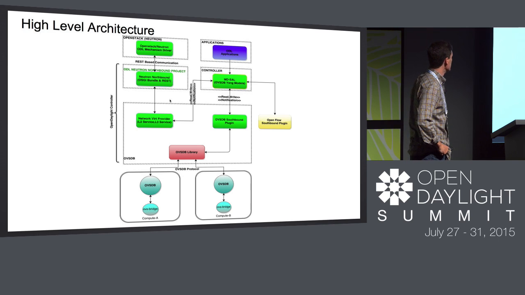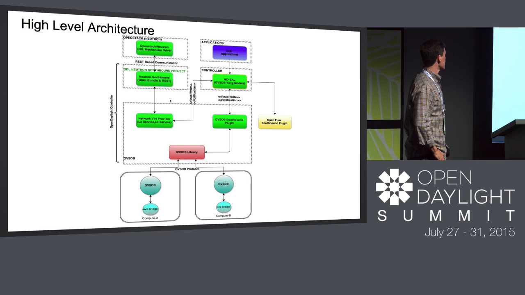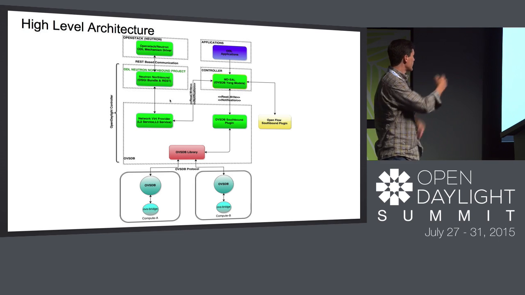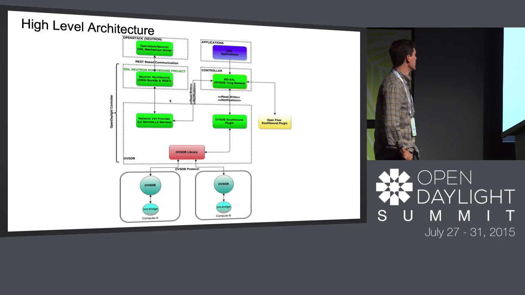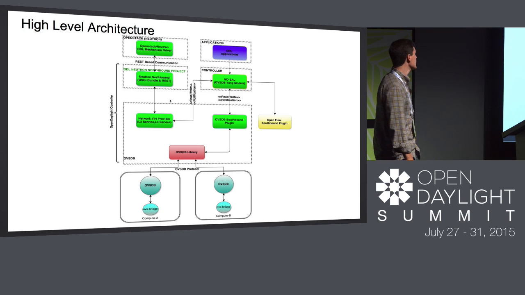The core piece in there is the OVSDB block, the network provider. That's the network virtualization piece, which does all the OpenFlow programming of the flows. It takes the Neutron interface: network create, subnet, port, and router.